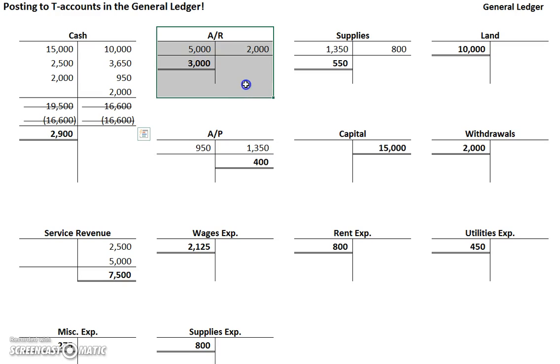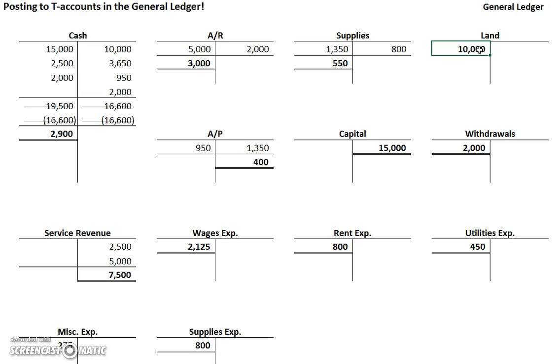In the accounts receivable account, we had one debit of $5,000 and one credit of $2,000. We would just then put in the balance as $3,000, but on the debit side. And as you can see, I've done the rest of them already. Notice for our normal balances, all 4 of our assets up here on the top row are all assets.